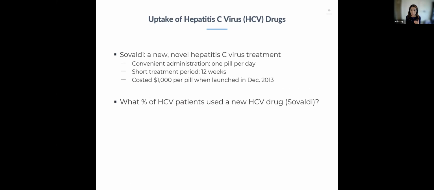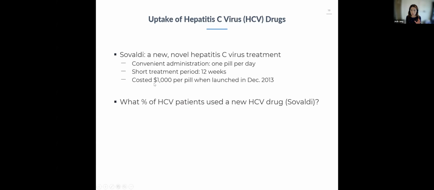It probably won't be an exaggeration to say that with Sovaldi, we entered this era of really high cost medications. When this drug first came out in December 2013, one pill cost $1,000, which drew a lot of attention from media, policymakers, and researchers.